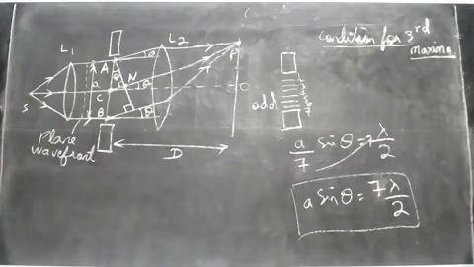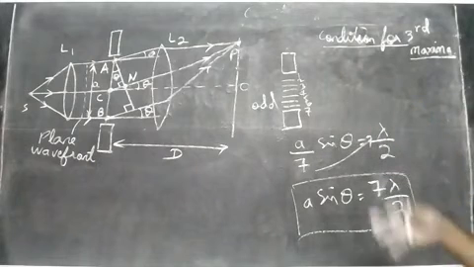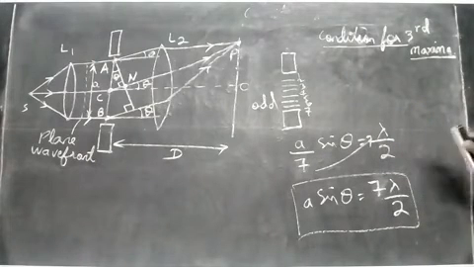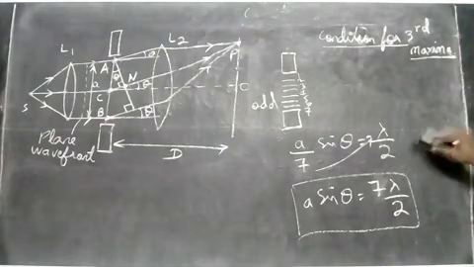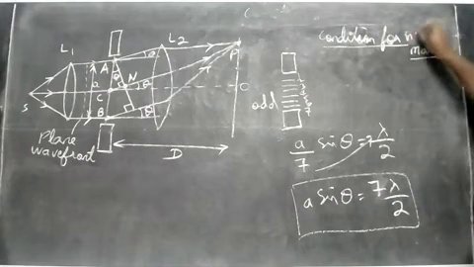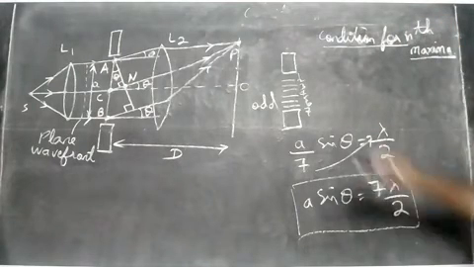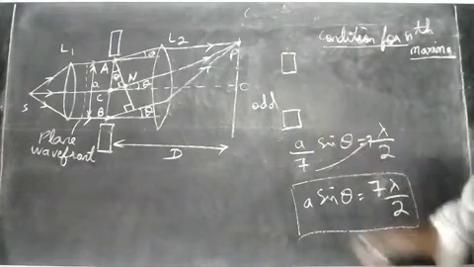Next we'll see what condition we can get for the nth maxima. It can be 7, then 9, 11, it will go on. We'll take the nth number. Shall I rub this now? Okay, rub it now. So the condition for nth maxima means it should be an odd number.